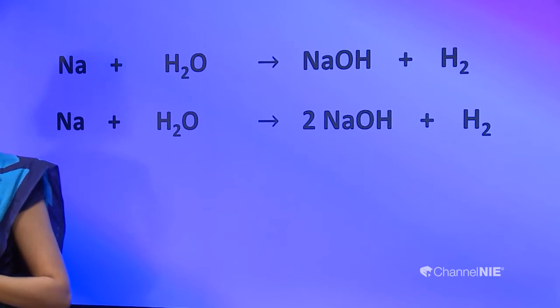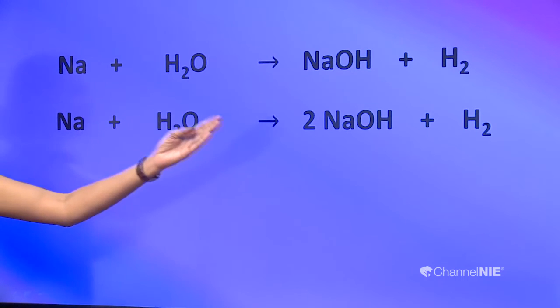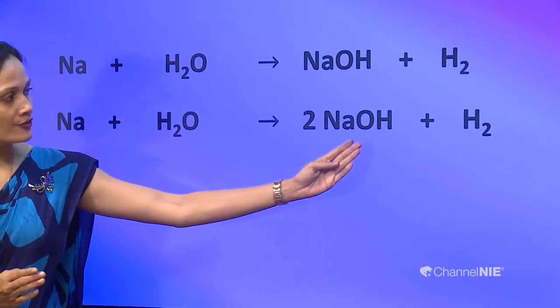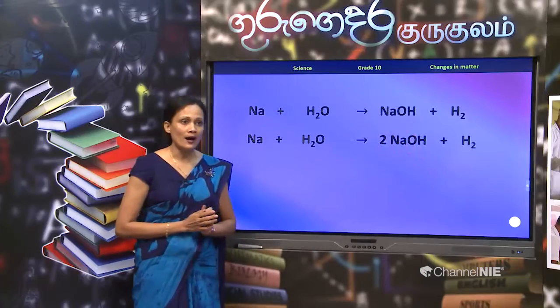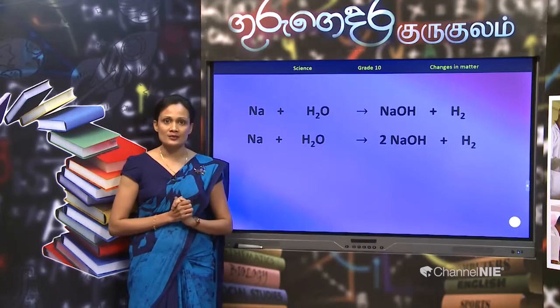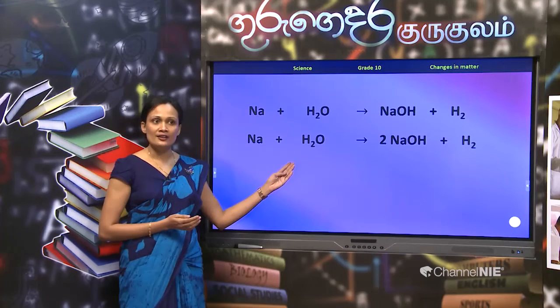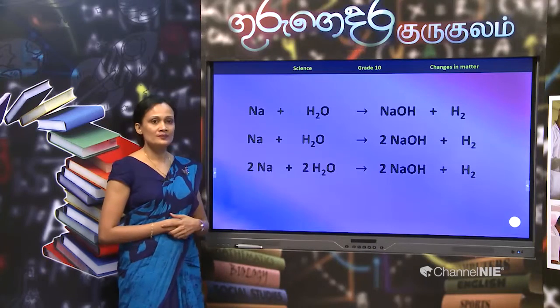Now I am going to balance it by putting the number 2 in front of sodium hydroxide. Now look at that. 2 hydrogen and 2 hydrogen. All are 4 hydrogen atoms on the product side. On the reactant side, 2 hydrogen. Now look at this one.